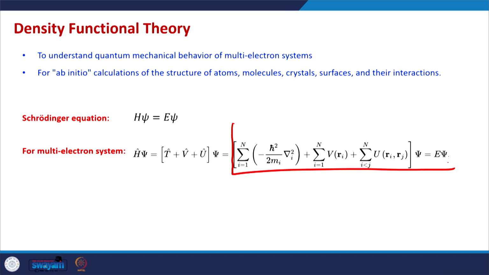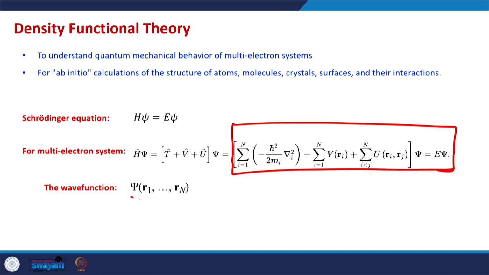This is the equation that we need to solve for an electron system. For a multi-electron system, the wave function looks like this, which is essentially the product of the wave functions of different electrons.